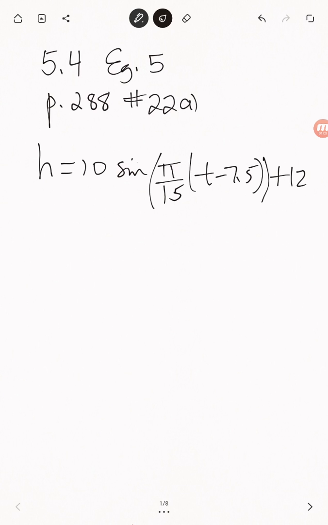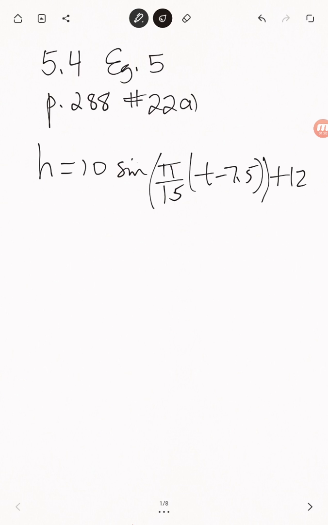So we can see all of the different transformations on the sine function in that function. And part A asks us, determine the first two times that the rider is 20 meters above the ground to the nearest hundredth of a second.